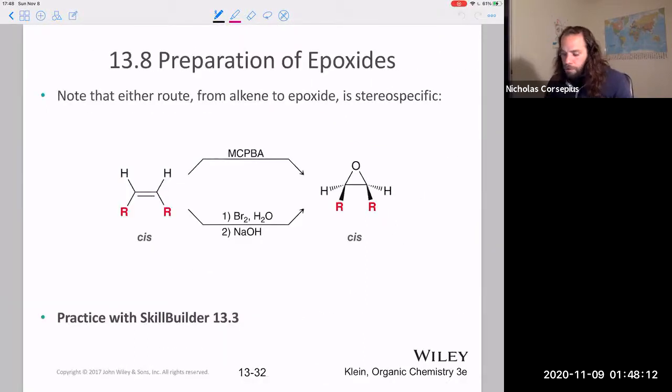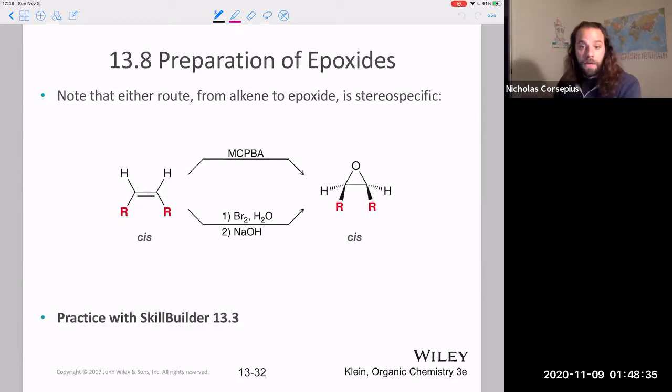These two methods will form the same exact products. So starting with a given alkene, you will get the same product at the end. Okay, there's no difference between these two reactions, whether you decide to use one in one case or one in another. To the best of my knowledge, there's no difference between the two, no matter what your starting product is.